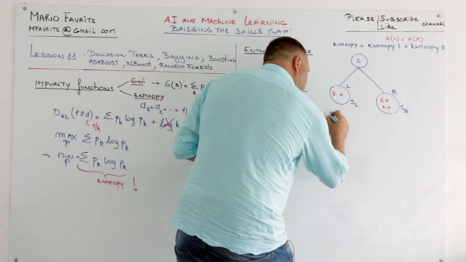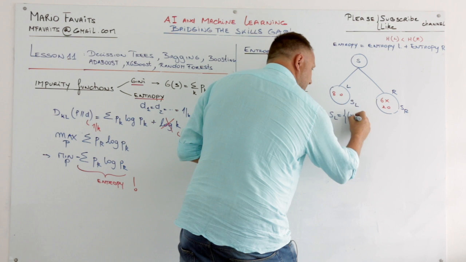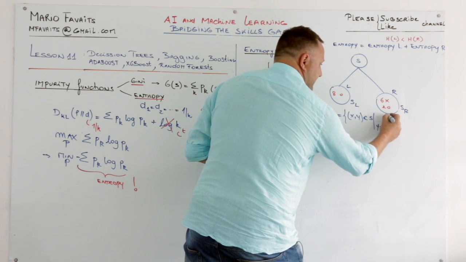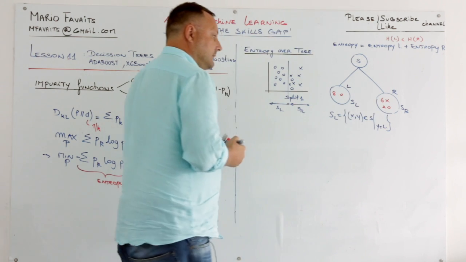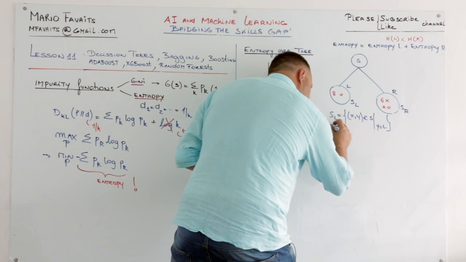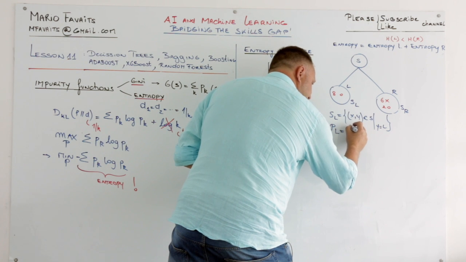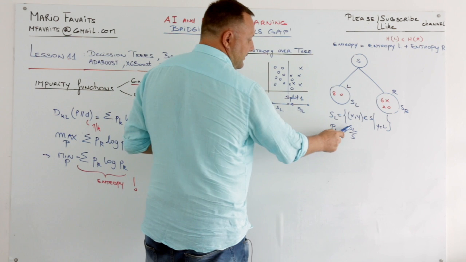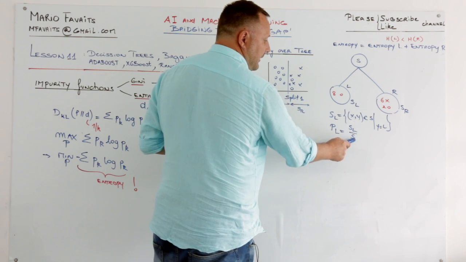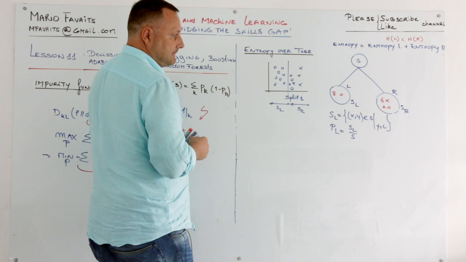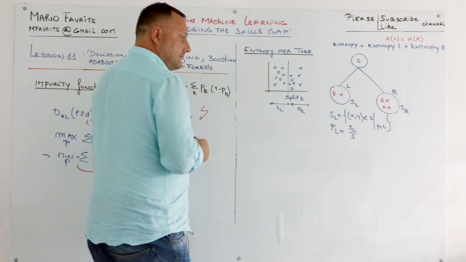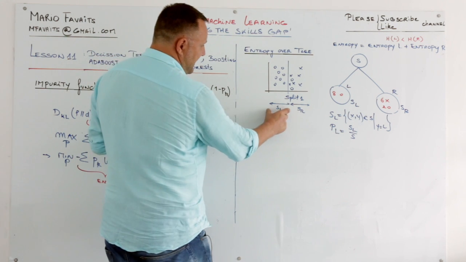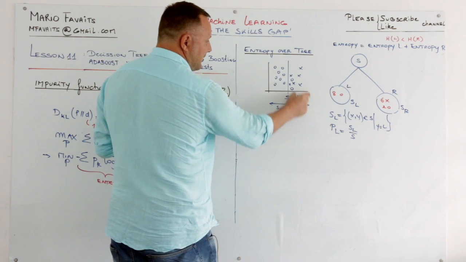And remember, S to the left are all points x, y, elements of S where the label is left, and the same for R. Then we defined PL as SL divided by S. So these are all points with the label L divided by S, and we only look at this leaf. You have the same for the right hand side. So SL are all your points here, SR are all your points here.